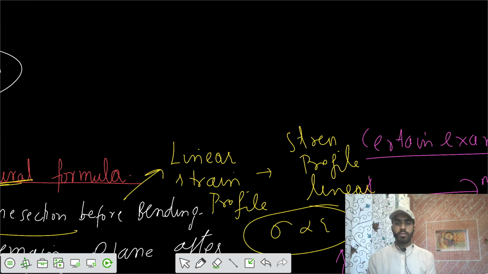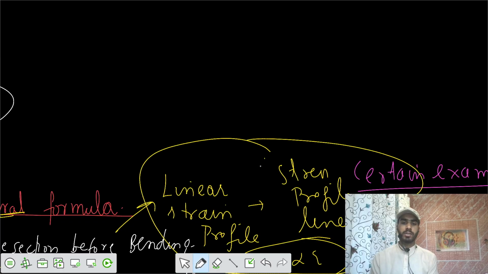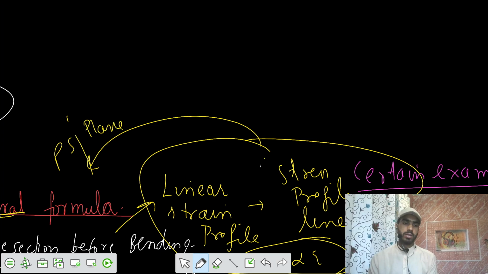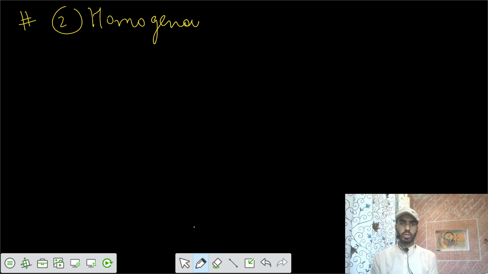We will be deriving this statement based on the fact that we have a plane section, and it remains plane after bending. So this was our first assumption. Let's talk about other assumptions also. Next one is that the material is homogeneous, isotropic, and obeys Hooke's law.